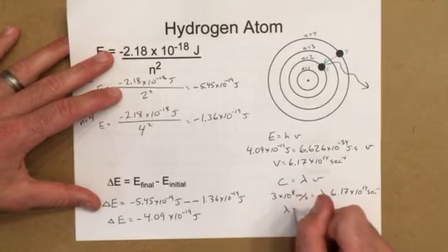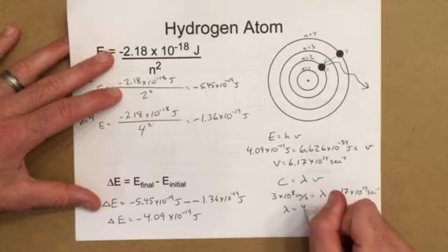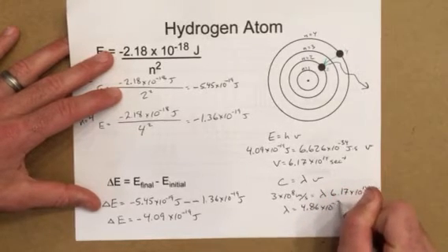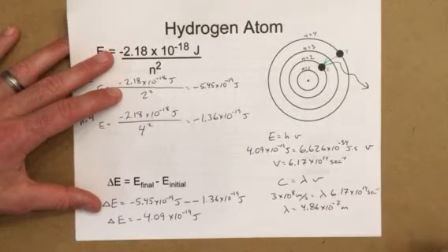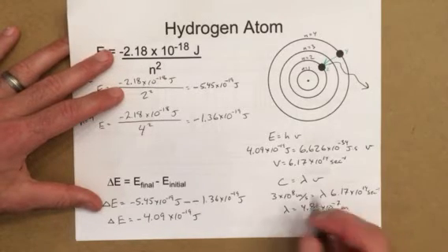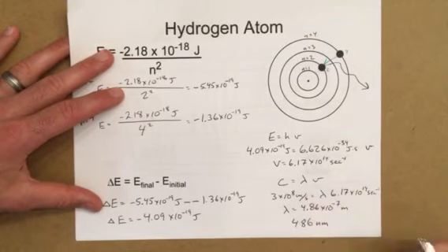And so we solve for the wavelength, and we get a wavelength of 4.86 times 10 to the negative 7th meters. We can change that to nanometers because visible light is typically understood in terms of nanometers. So if we convert that to nanometers, it's 486 nanometers.